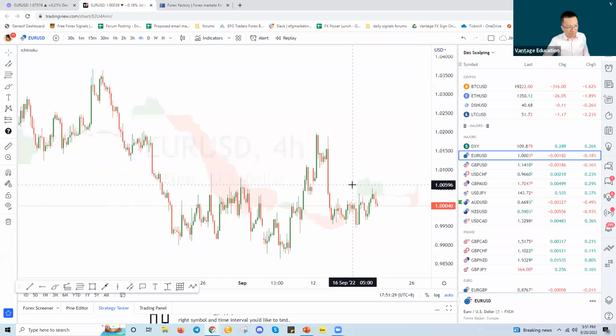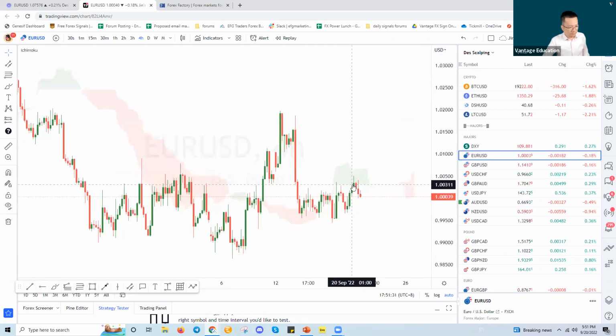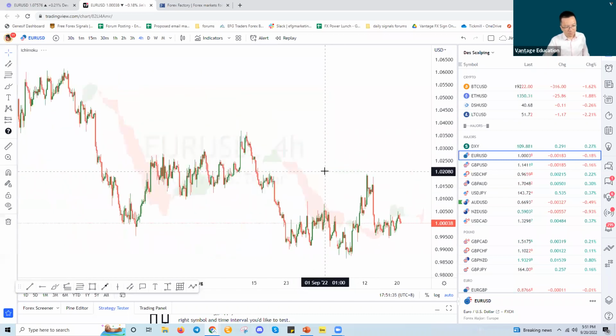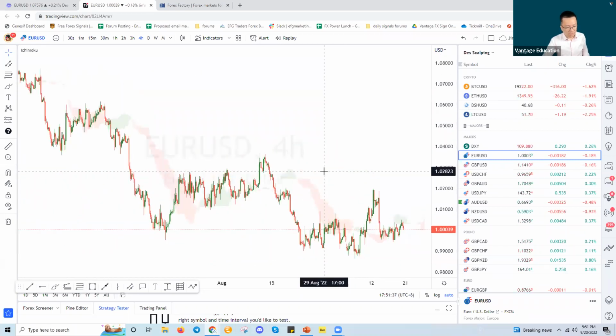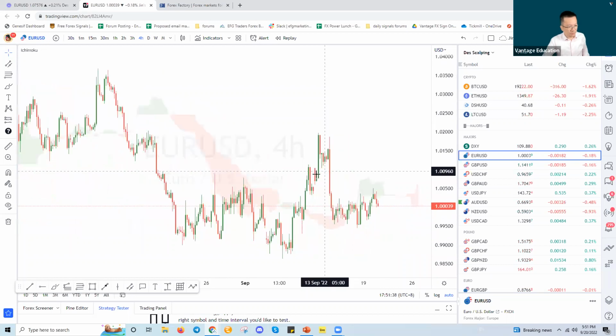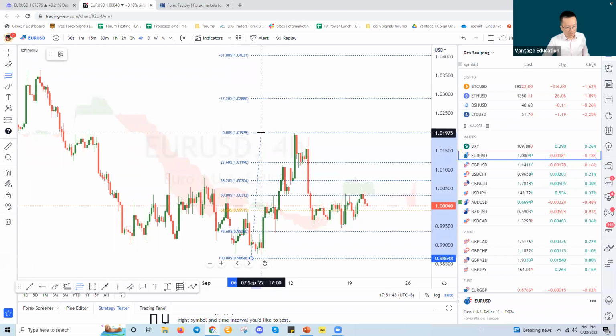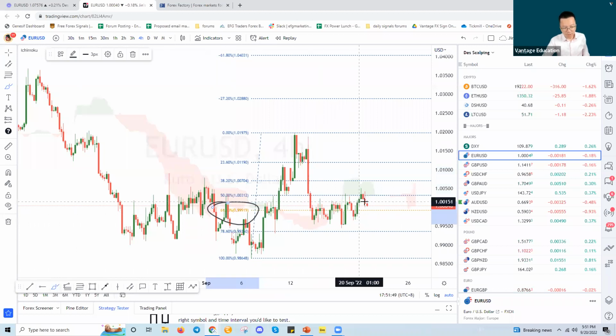Okay, so with that, what we also have will be horizontal levels. I don't have any diagonal levels here. Right, no strong diagonal levels, but I'm pretty sure that if I did a fib level up there, you can see price approaching that 61.8 level.